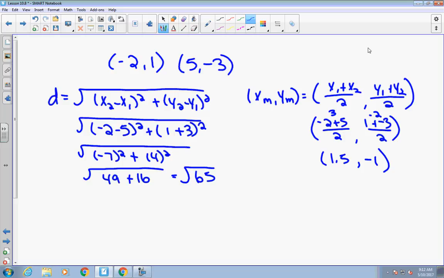So radical 65, which is about 8 point something, right? Almost 8, a little over 8, is the length of it, okay? And the midpoint, the point in the middle of those 2 points is 1.5, -1. Okay, that's the ordered pair for the midpoint. And you will be using some of this in your lesson today.